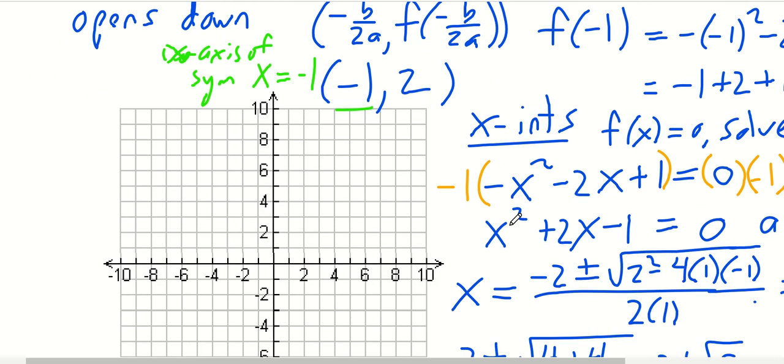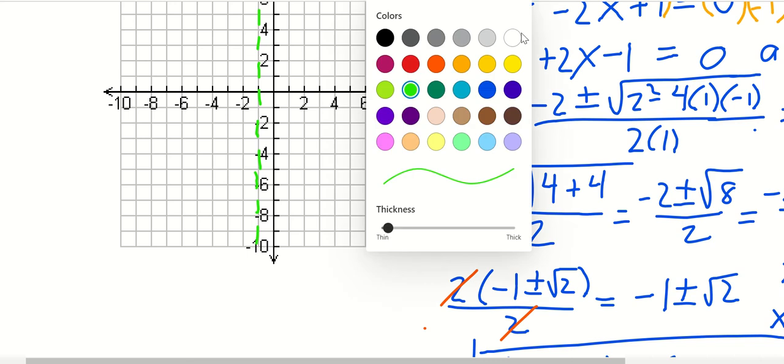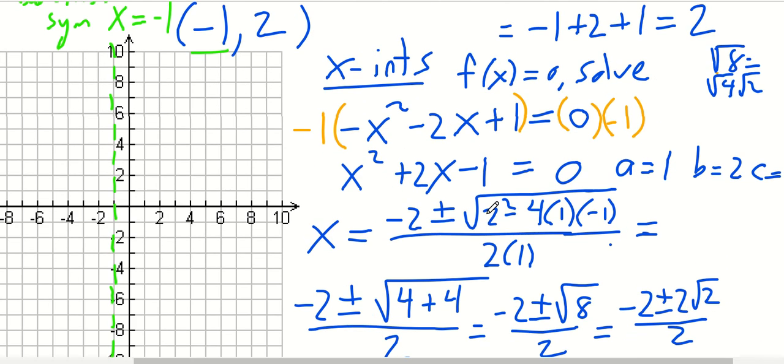Let's put this all together so we can graph this thing. X equals -1 is right here. Let's now plot our points, starting with the vertex. The vertex is located at -1, 2. That's right here.